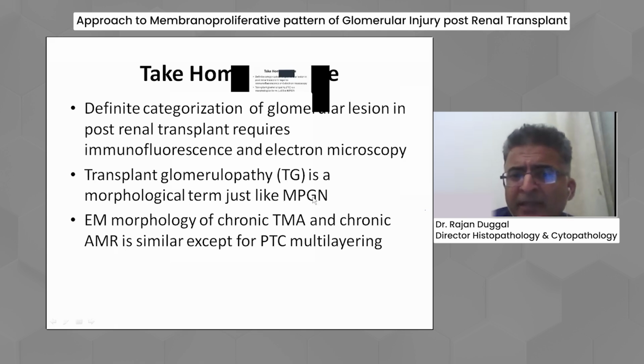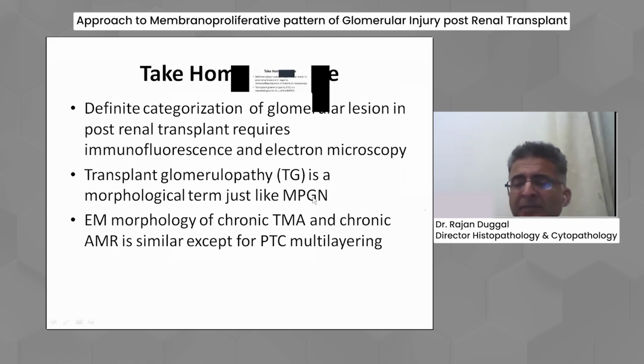I will say that if I'm saying transplant glomerulopathy, and if C4d is positive in the glomerular capillary wall, even if the C4d is negative in the PTCs, and if I find minimal microvascular inflammation, I would favor a possibility of chronic antibody-mediated rejection, and I would also say that I wish to do ultrastructure or EM examination in this case. But I give importance to C4d staining along the glomerular capillary.